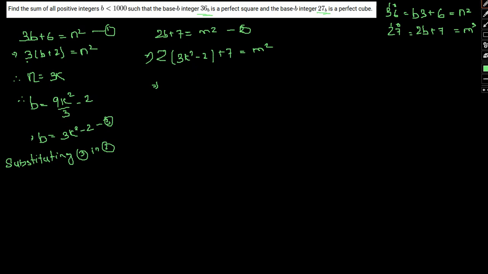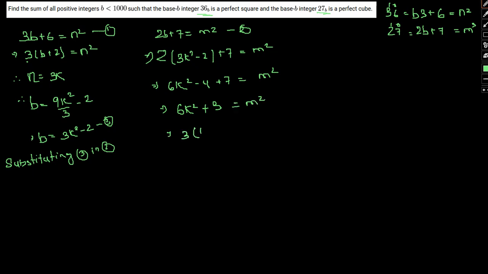This can be further written as 6k squared minus 4 plus 7 equal to m cubed, which is 6k squared plus 3 equal to m cubed.